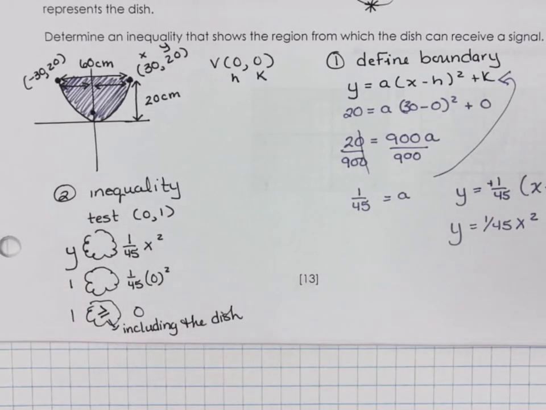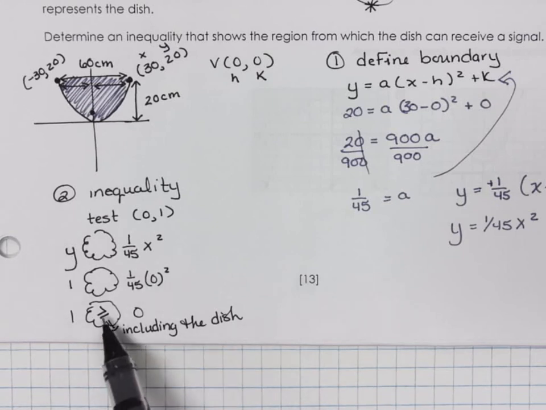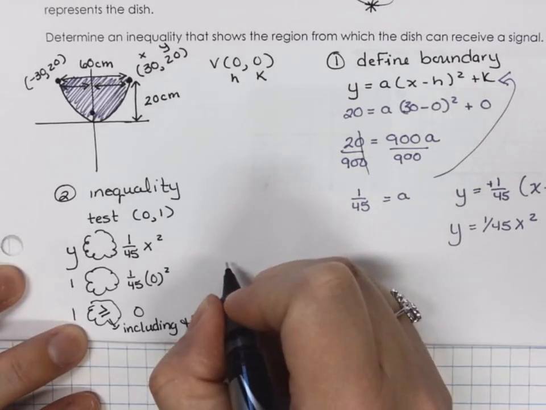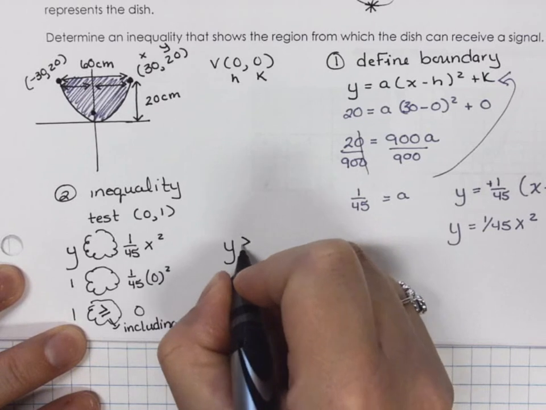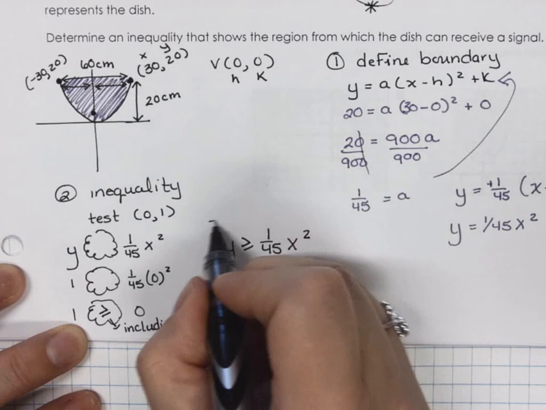Now, if you said, I disagree, I think the dish is just a receptacle, and there is a pod in the middle of it that receives the signal, not the entire dish, that could be a basis for using a non-equal sign there too. You would have to justify it either way, but know why you're making the decision. So now we have to write our inequality. Our inequality is y is greater than or equal to 1/45 x squared.